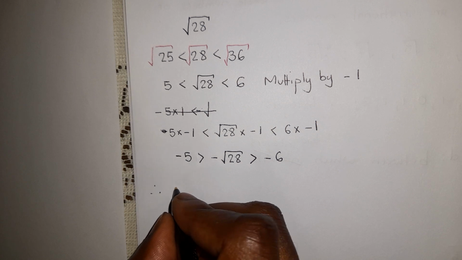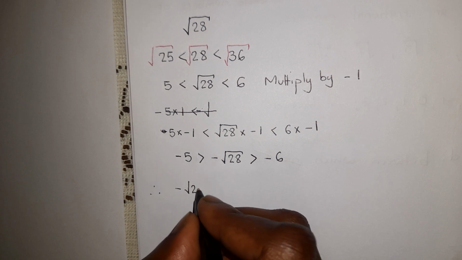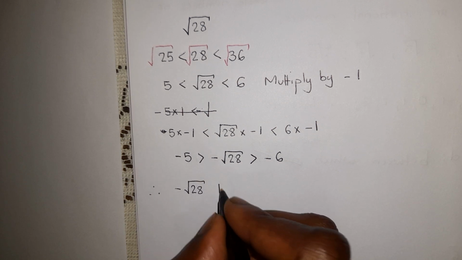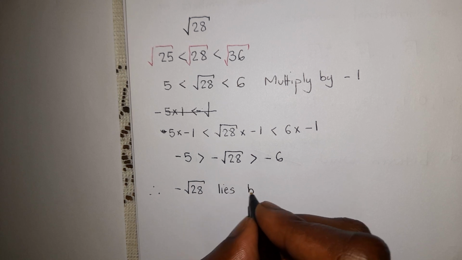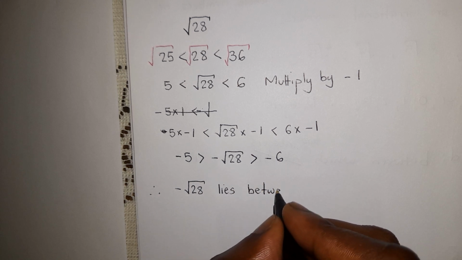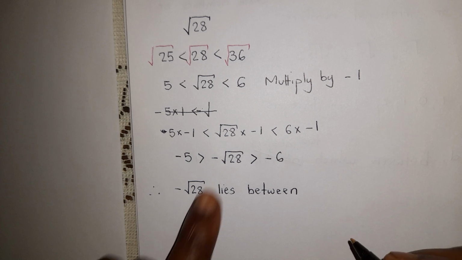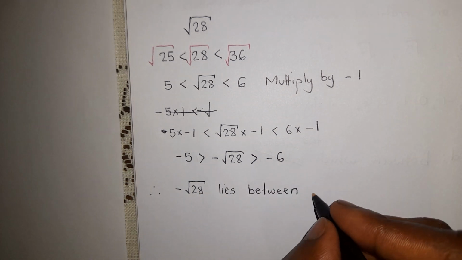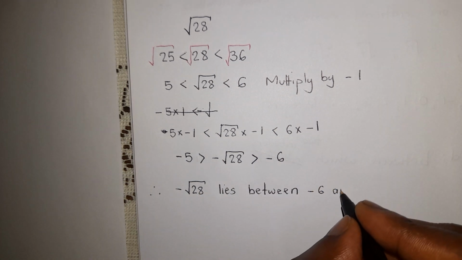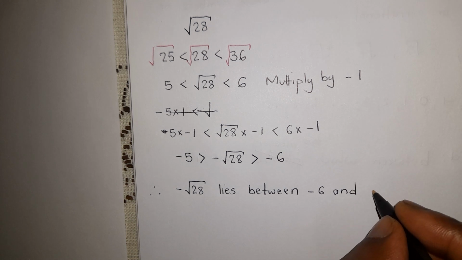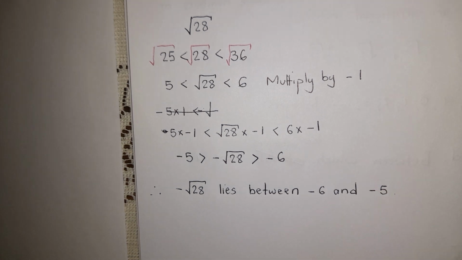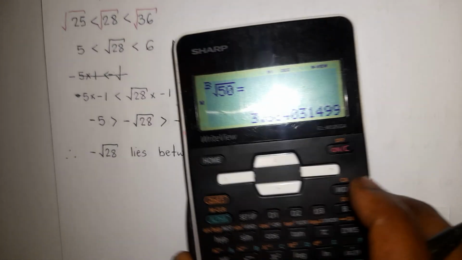It means that the negative square root of 28 will lie between, remember you start with the smallest integer, and our smallest integer in this case is negative 6, and the other one would be negative 5.